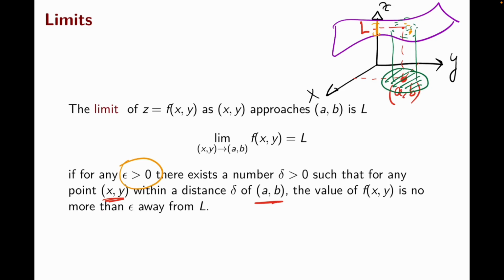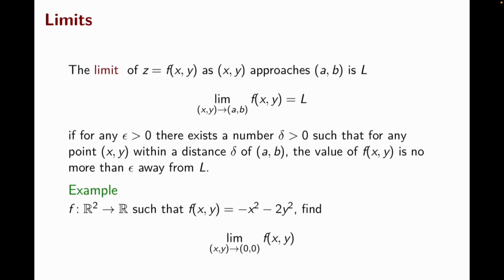So it's the same familiar definition of limit, only that the intervals that we normally have on the x-axis get replaced by this kind of disk, where we consider the neighborhood of (a, b), all the points around.